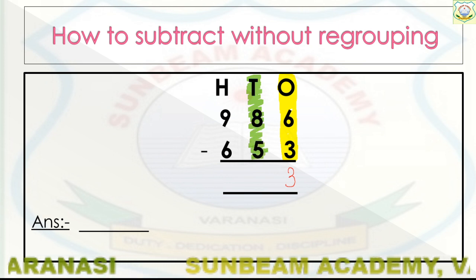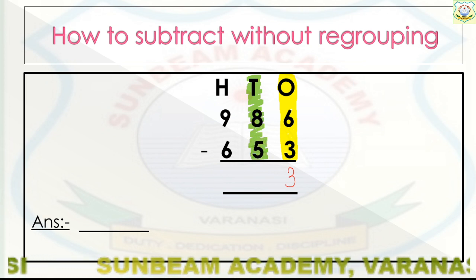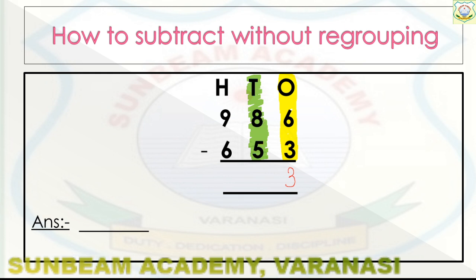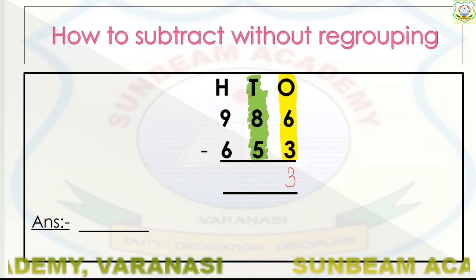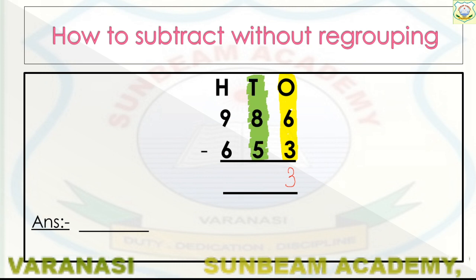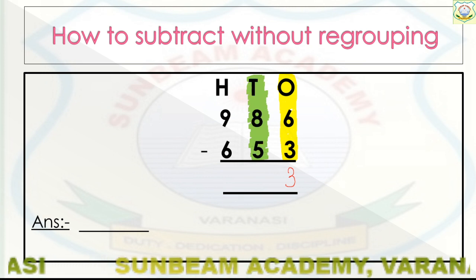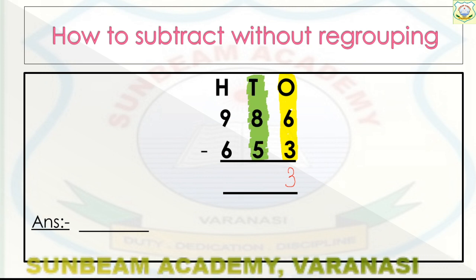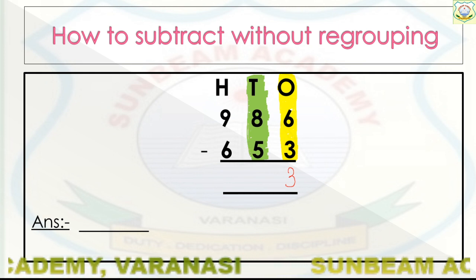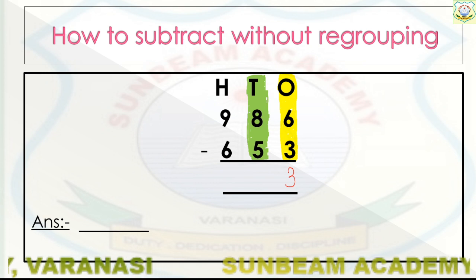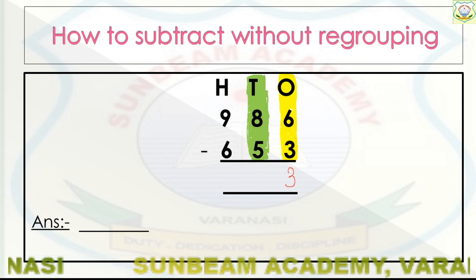Got it? We can only subtract tens place from tens. But yes, if we need to borrow, that is a different thing. Okay? That I will explain to you in the next class. Today you have to understand only this much. Okay? So now I have highlighted the tens column.